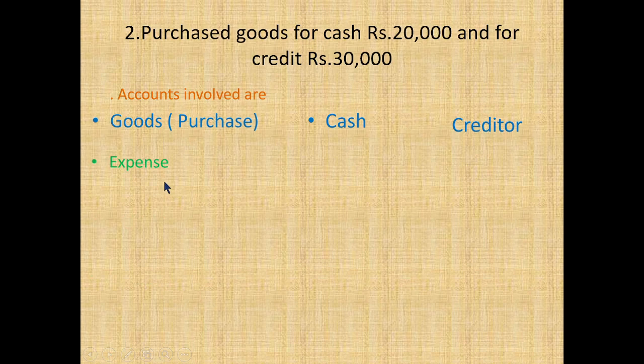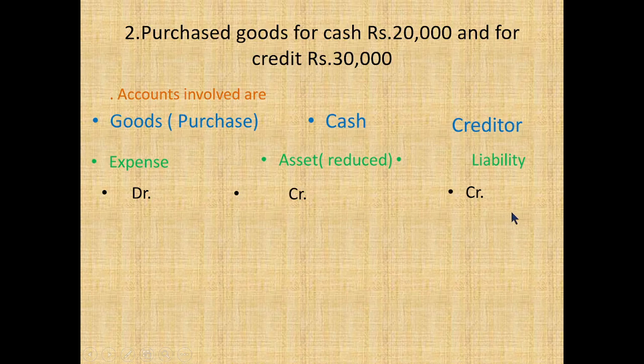And goods purchased for the business, it's an expense. What is the nature of expense? It's debit balance. Cash, here cash is an asset, but what happened to cash? Business paid the cash, so it is reduced. Reduced means basic nature of cash is debit balance, but while reducing we have to credit it. And creditor for the business, it's a liability, so credit balance.